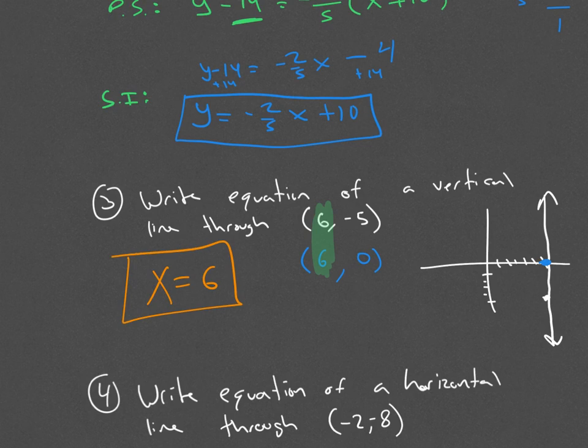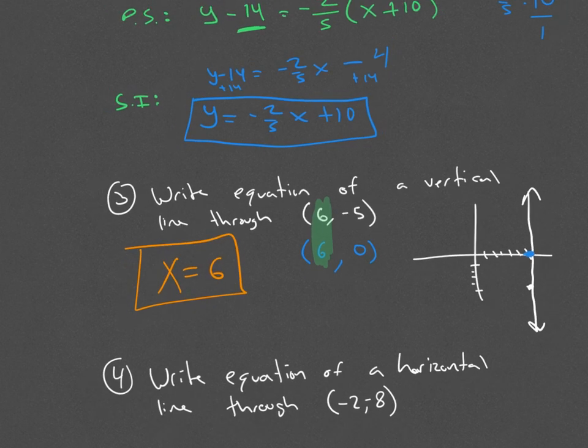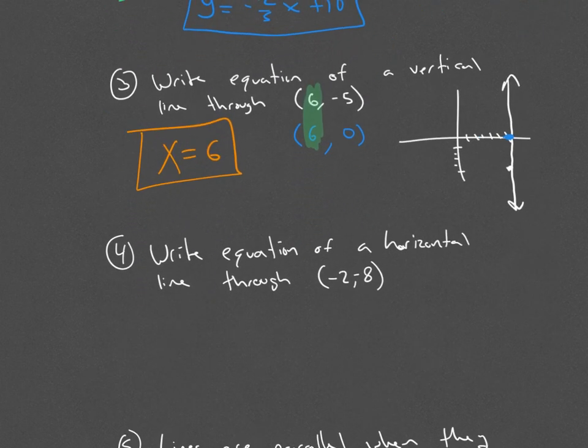Sure, you can memorize a vertical line as x equals a number, x equals 6, but if you find a second point, it'll scream out at you, oh, the x value is 6, that's the equation I should use. Similarly, for number 4, write an equation of a horizontal line through (negative 2, negative 8). Same thing, make a little sketch.